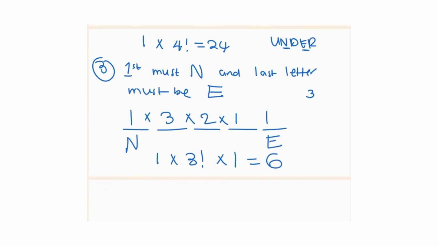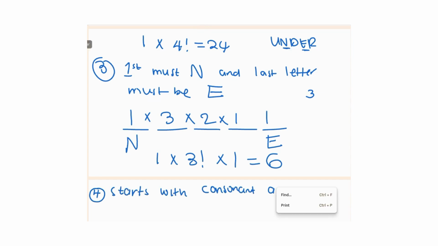Okay, so this is how you can play along with the conditions. My next condition, no, let me not say the consonants must be together yet. It must start with a consonant and end with a vowel.